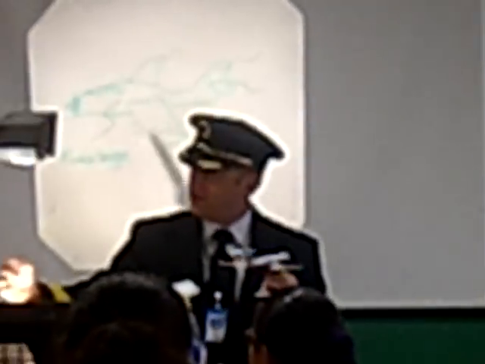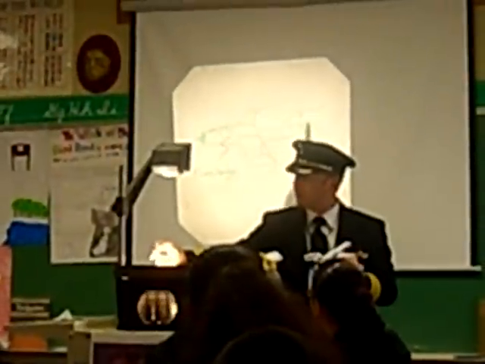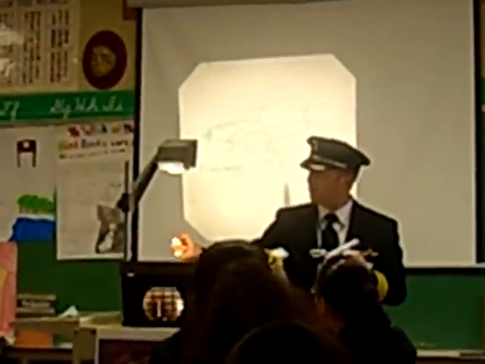Now, these are the three main surfaces of the aircraft that make it fly: the wing and the tail, which is made up of the horizontal stabilizer and the vertical stabilizer. On each of these surfaces, you have another smaller piece that's like a little tab, like this.